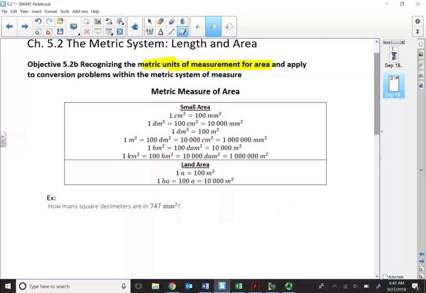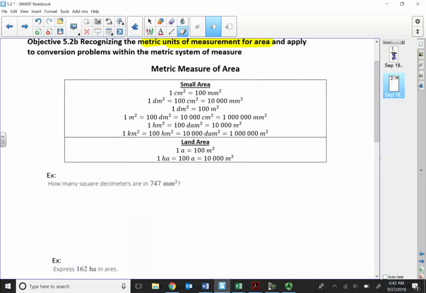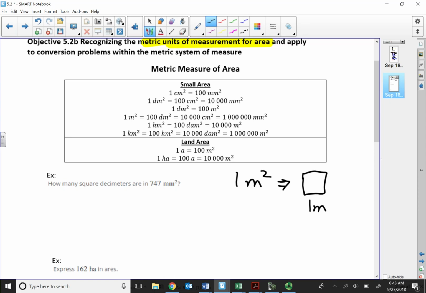So before we begin doing some problems, let's take a look at the units. I got a lot of centimeters, millimeters, but they all have square on the top of it. So basically, what it means is, let me just write it as square meter. In 1 square meter, the word square is referring to a square that measures 1 meter by 1 meter.